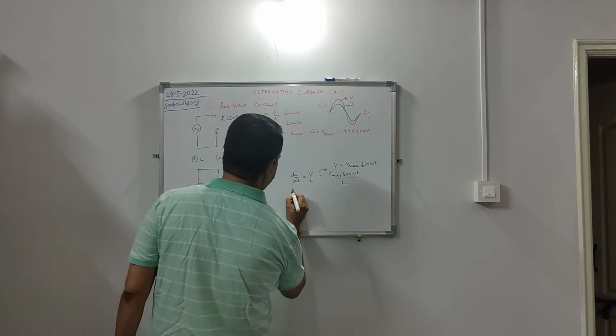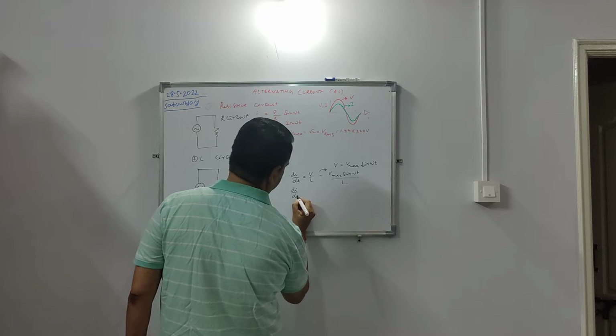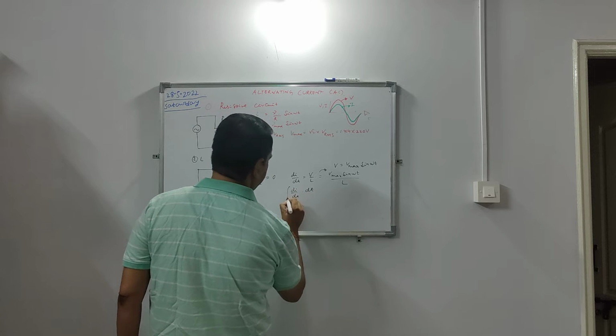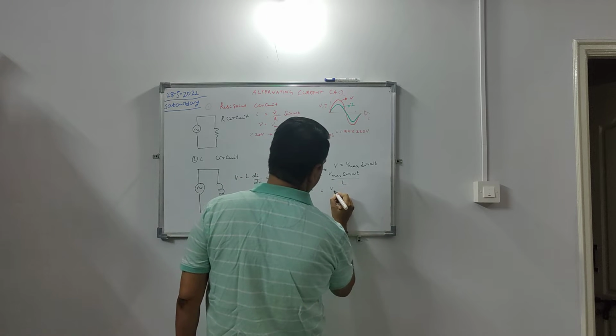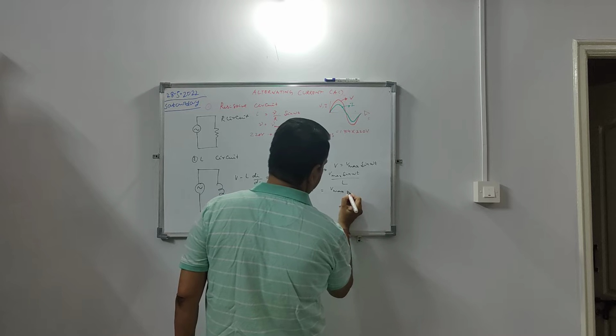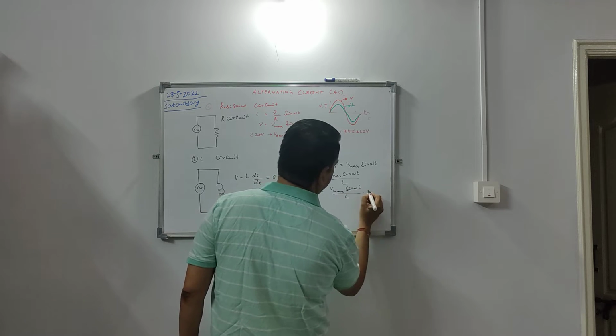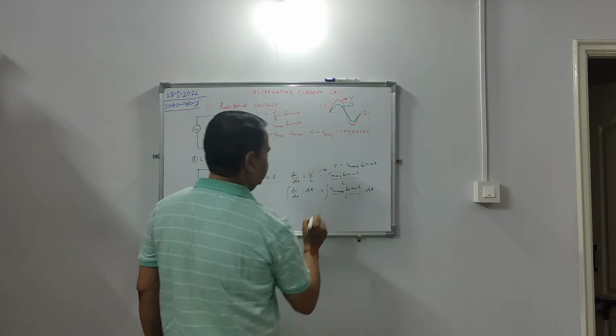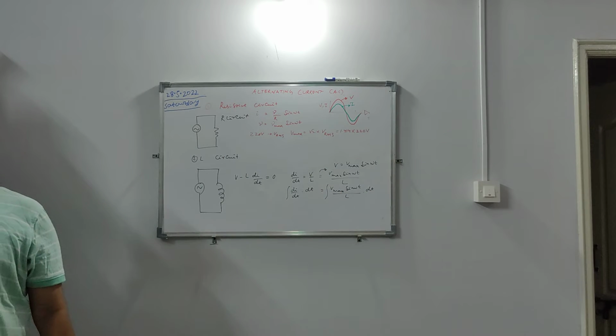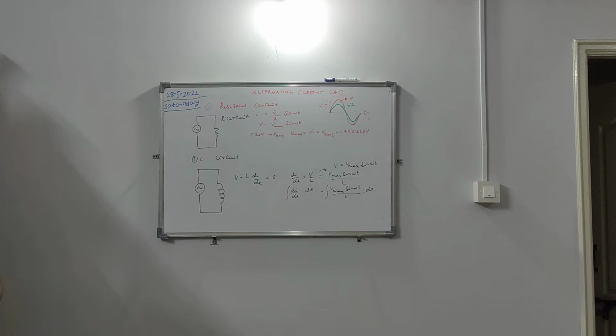So what I will do here is integrate di/dt into dt, which is equal to the integration of V max sin omega t divided by L into dt, right? Clear?